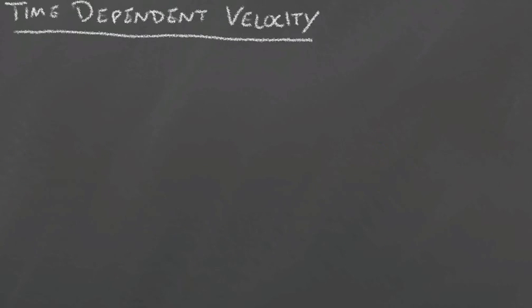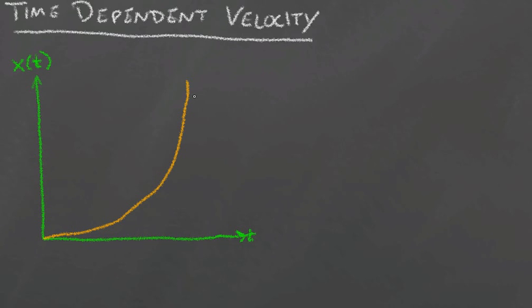So to get a better picture of what's actually happening, let's draw a set of axes where now the x-axis is going to be time, and the y-axis is going to be our position x as a function of time. Okay? So if we do this, in this case, we have a parabolic curve.